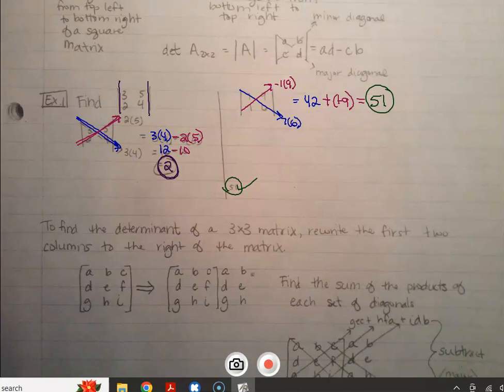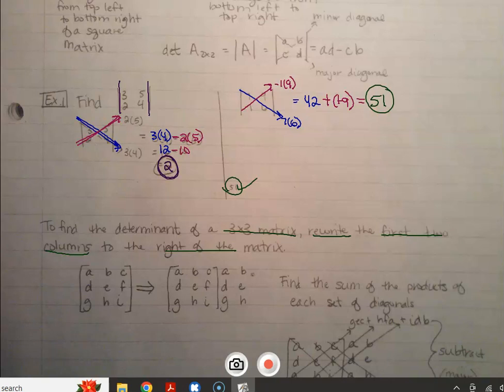All right, now it's going to get a little tricky, but just a little. This time it says to find the determinant of a 3 by 3 matrix. That's a little more complex, but we're going to rewrite the first 2 columns to the right of the matrix. So you'll notice here is my 3 by 3 matrix.